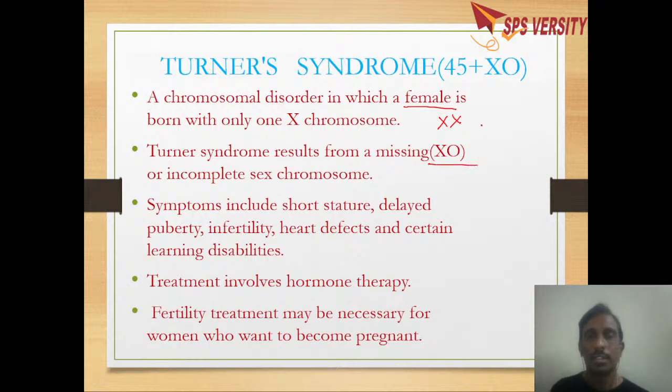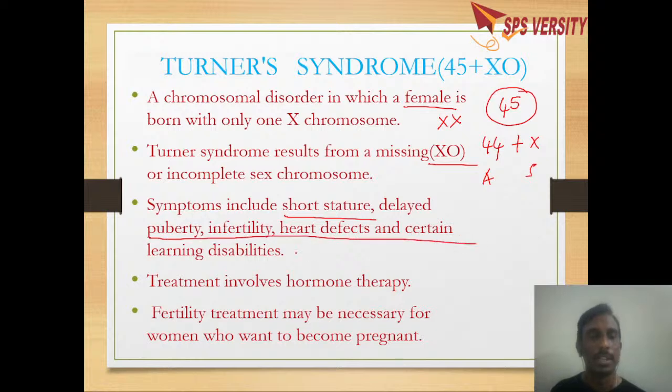Due to the lack of an X chromosome, the total chromosome number will be 45. That means 44 autosomes and 1 sex chromosome. Due to this, the females will be short statured, with delayed puberty, infertility, and learning disability. The treatment can be by hormone therapy and fertility treatment.